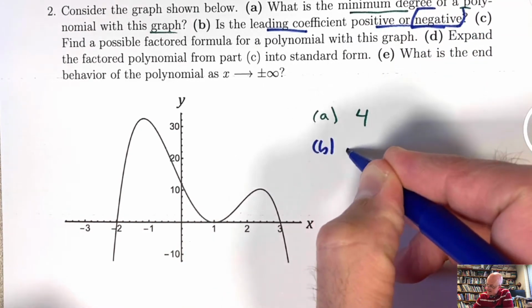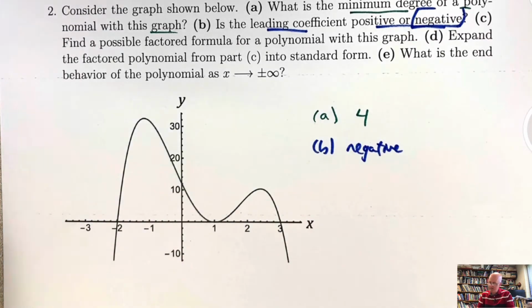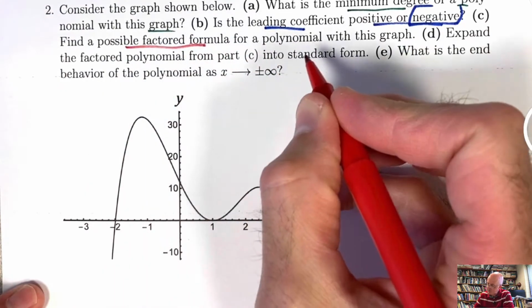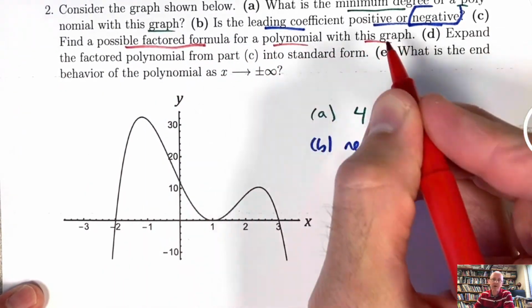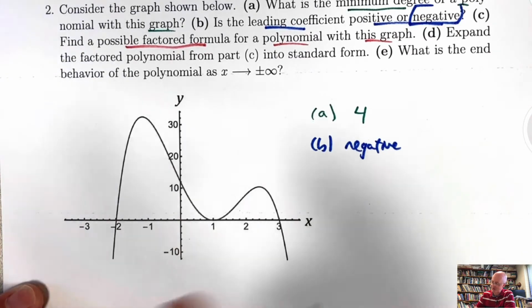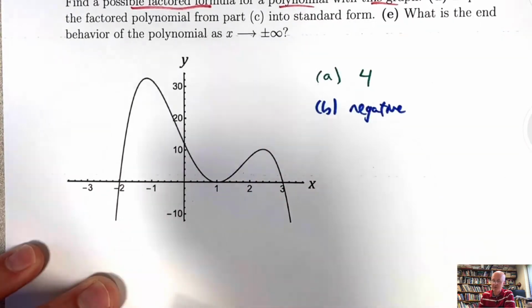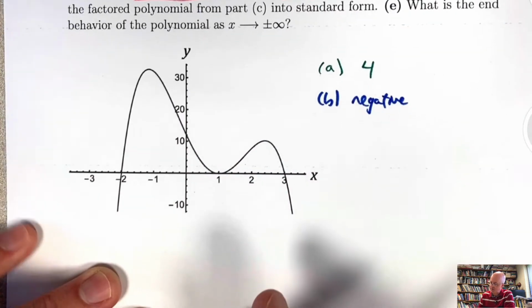B is negative. Part C, find a possible factored formula for a polynomial with this graph. So we're trying to write the polynomial first in factored form, okay? That is definitely easier than trying to write it in the standard form right away. Okay, we'll have to actually do some multiplications to write it into standard form, okay?